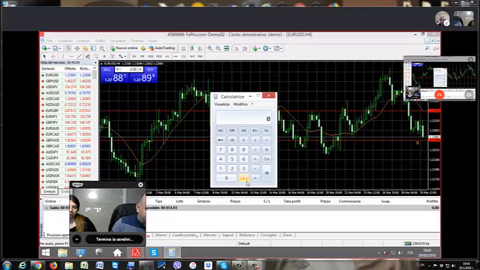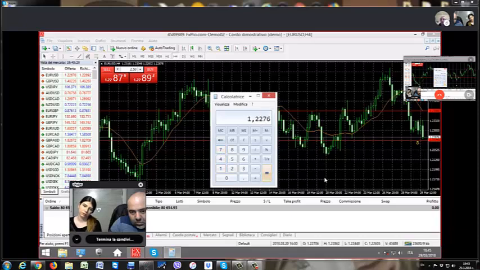If we are in profit and we are long, our average moves down. So I have to consider 1.22 and 93 minus 0.0017. It's a kind of magic.